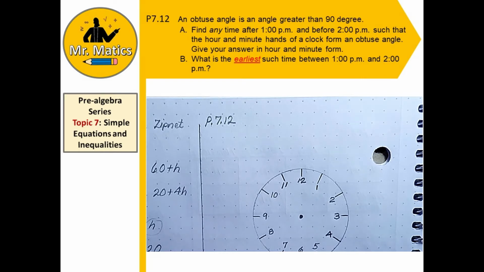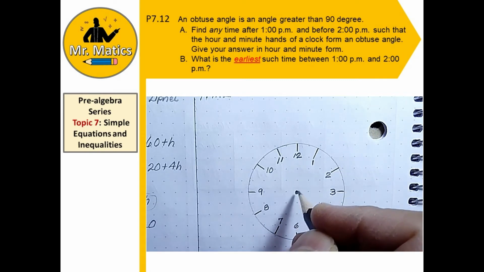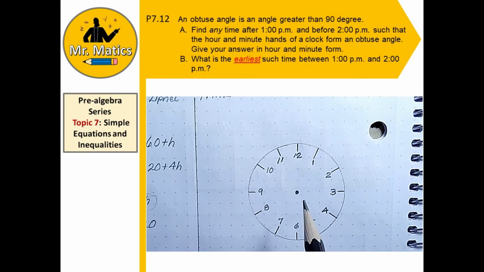So it has asked that if you have the 12 divisions of a clock and the hour hand is somewhere between 1 and 2, where would the minute hand be such that you have an obtuse angle between the two hands, the hour hand and the minute hand?